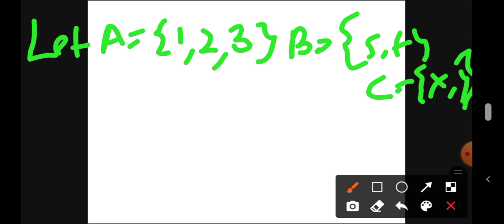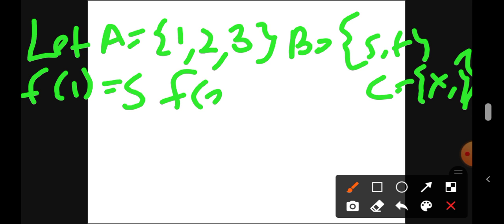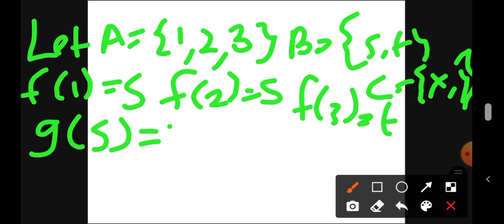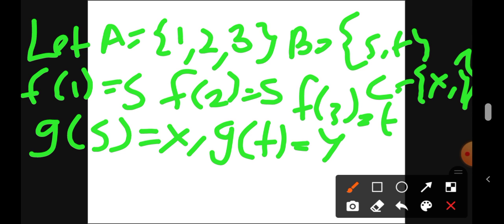Then f from A to B is defined as f of 1 is equal to s, f of 2 is equal to s, and f of 3 is equal to t. Okay, then g is a function which is defined from B to C. It is defined as g of s is equal to x and g of t is equal to y.